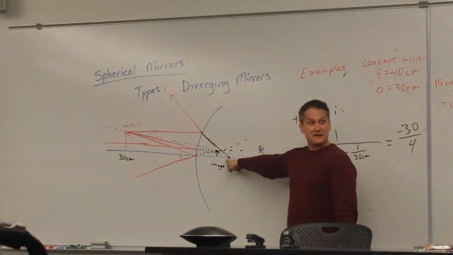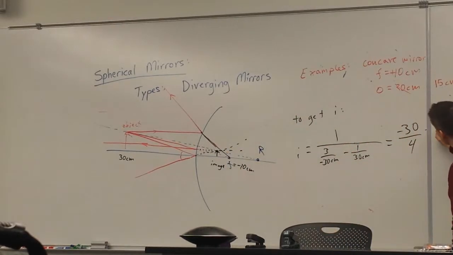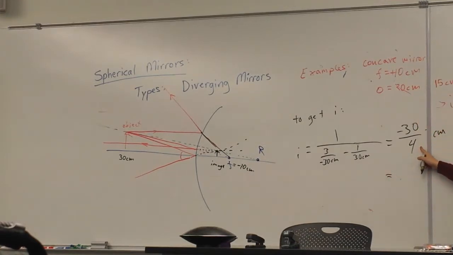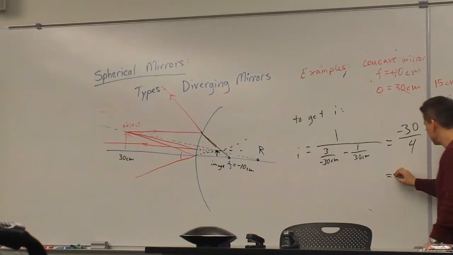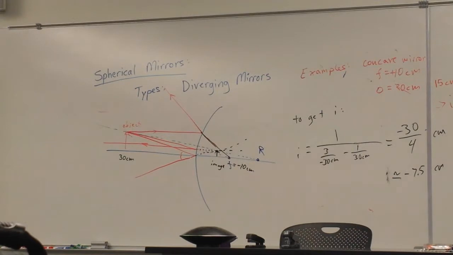So it should be close to F, close to negative 10, but a little bit less, a little more than 7, a little less than 8. That's how you deal with the diverging here.